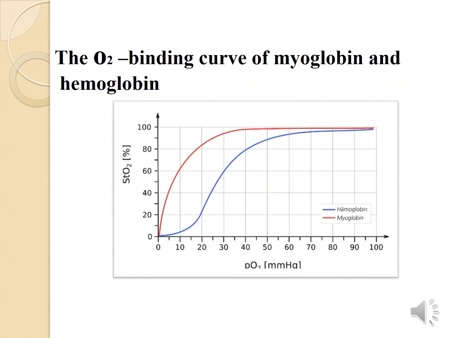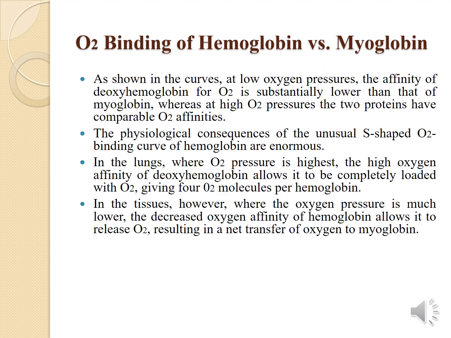This slide shows the oxygen binding curve of myoglobin and hemoglobin. Hemoglobin is the blue graph and myoglobin is the red graph, plotted against oxygen pressure and percentage oxygen saturation.